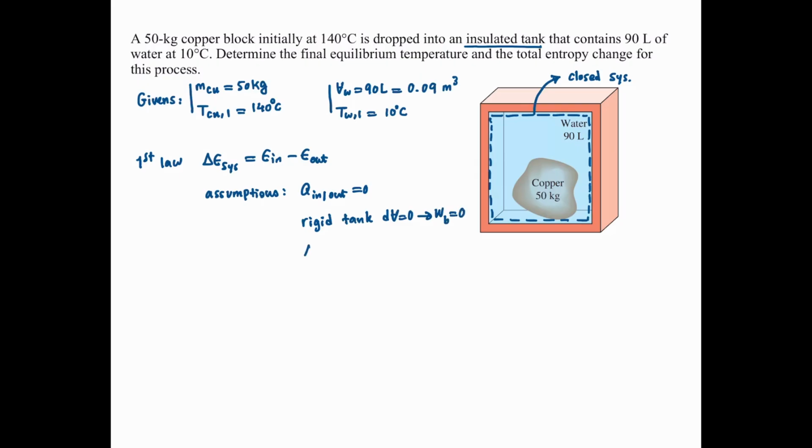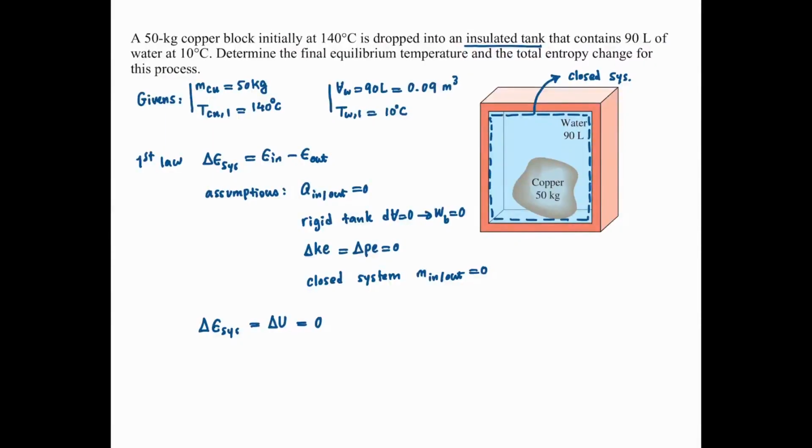I'm going to assume there is no change in kinetic energy and potential energy. And this is a closed system, so there is going to be no mass transfer to or from the system. So first law will become left-hand side, delta E system equals delta U, equals right-hand side E in, which is 0, minus E out, which is 0.